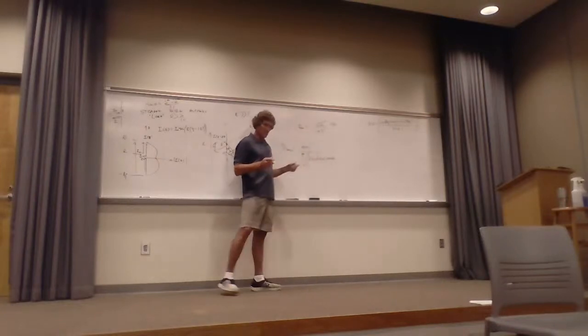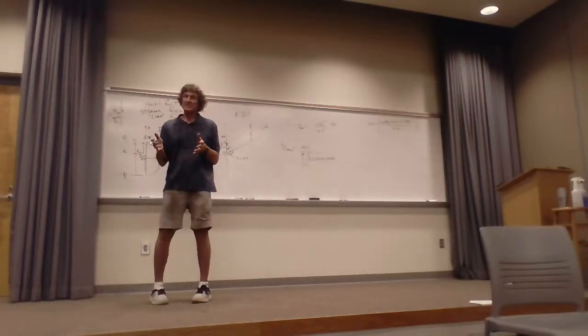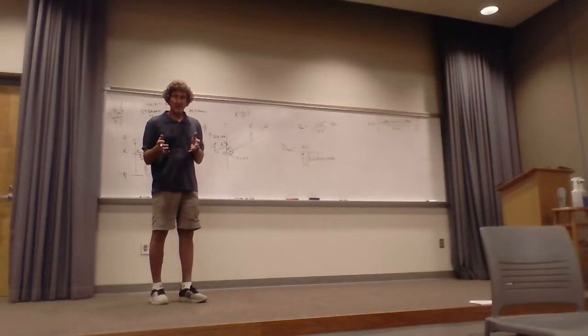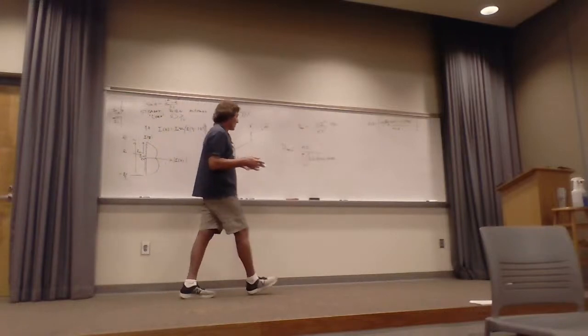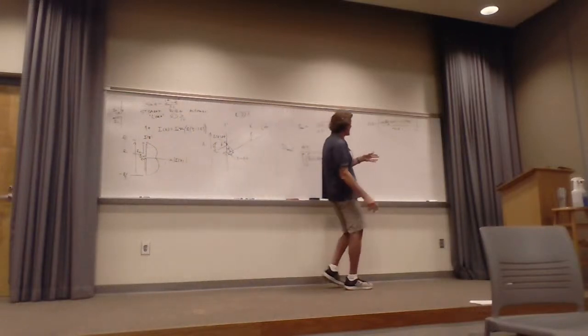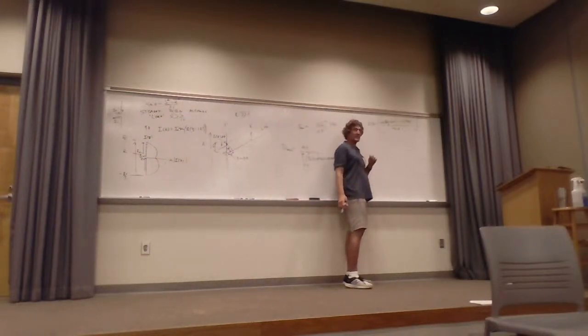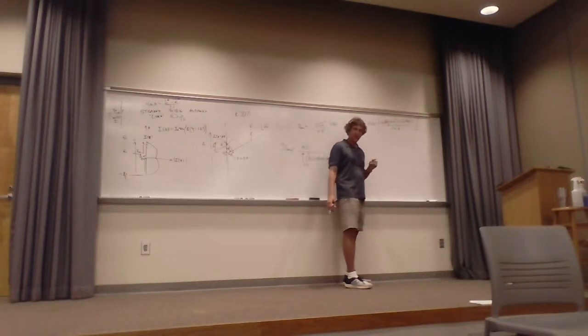But normalized means the biggest possible value is 1. So you've got to find the maximum value of this first and then divide that maximum value into this to get the normalized power density.